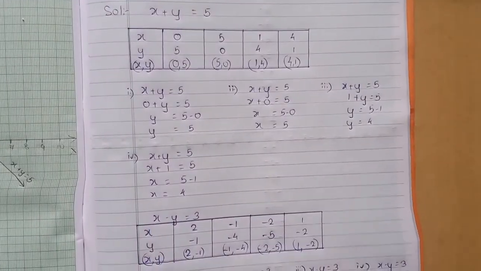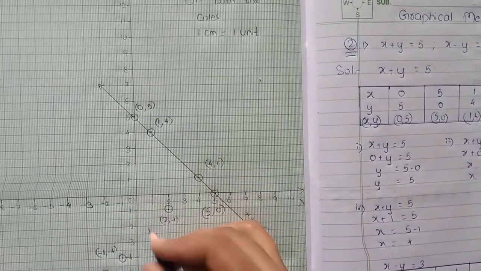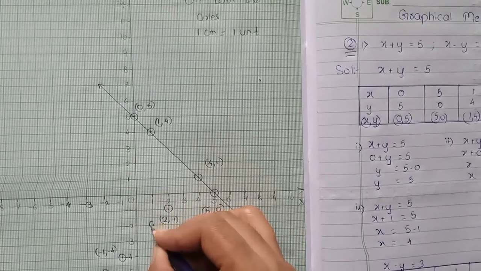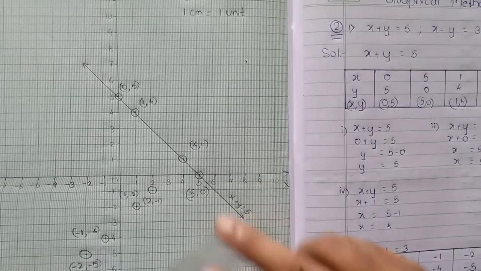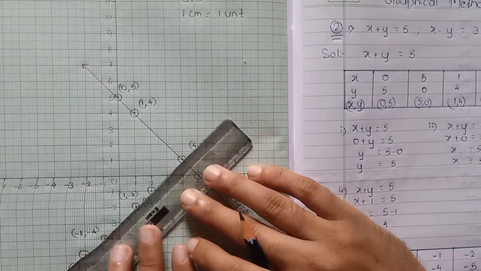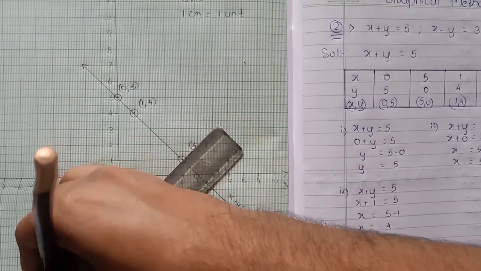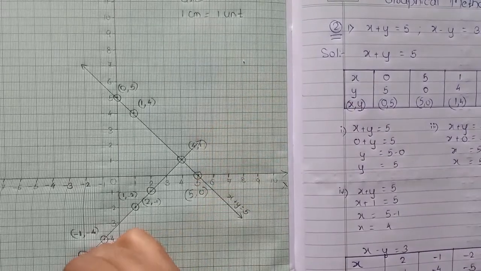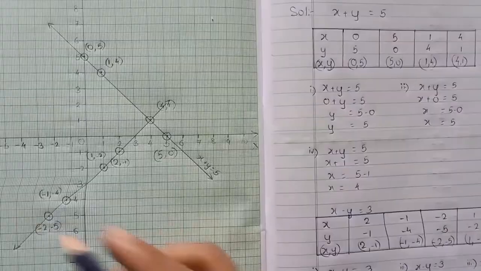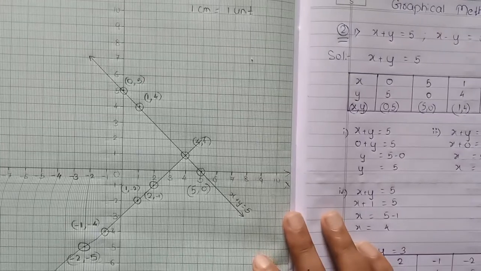And the last point is 1 comma minus 2. x is 1 and y is minus 2. Pass a line through these points. Name this line also, x minus y is equal to 3. Now we are done with the plotting.